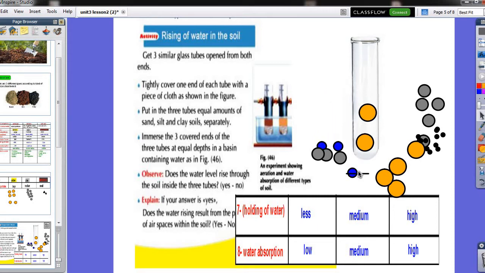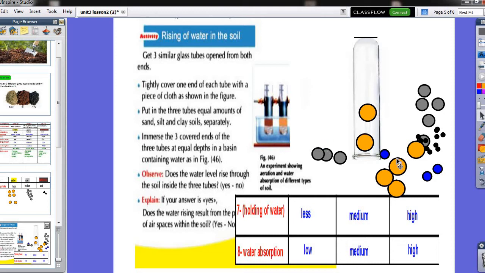okay, then you will cover it with cloth. This is the piece of cloth to cover it.